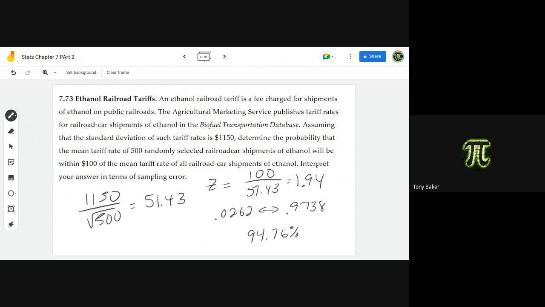They want the sampling error. So what do you think they're looking for? Right. And error is the opposite of it. So 5.24. So my error is a 5.24%. That's my error.